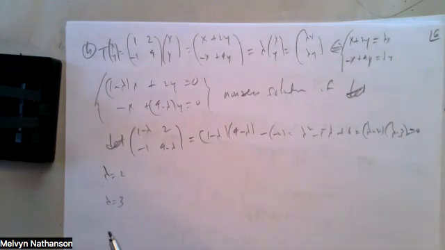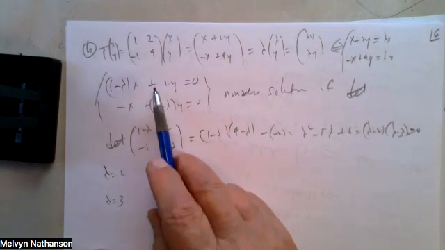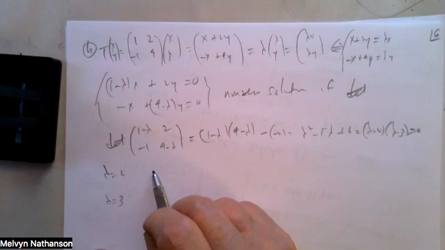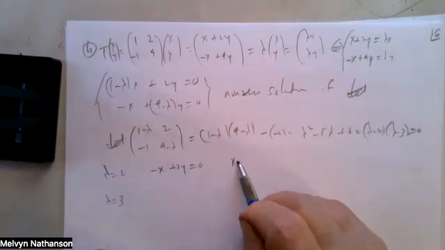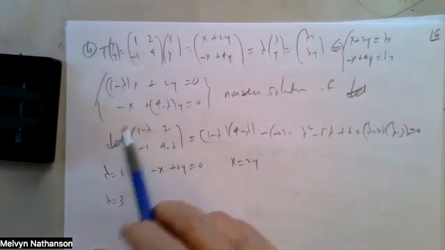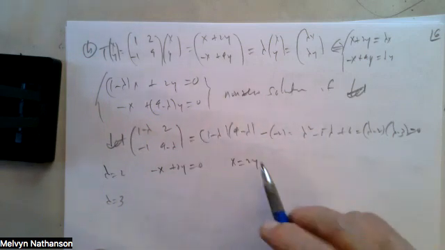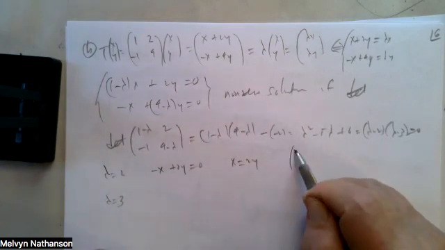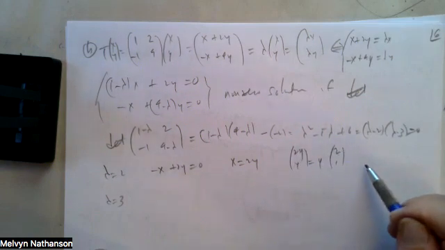Let's see what the corresponding eigenvectors will be. When lambda equals 2, this first equation is minus x plus 2y equals 0, or x equals 2y. The second equation is minus x plus 2y, exactly the same equation. So x equals 2y, so we get 2y, y, or y times the vector 2, 1.